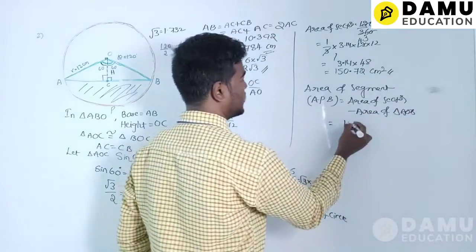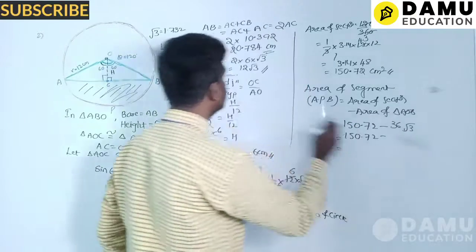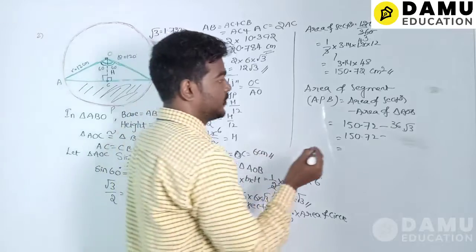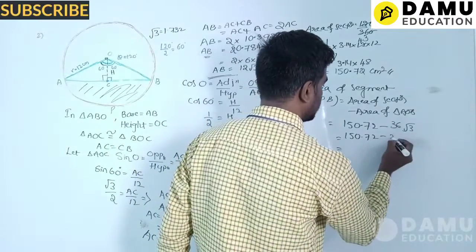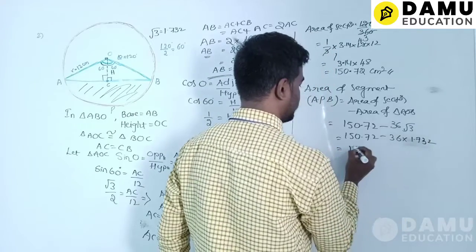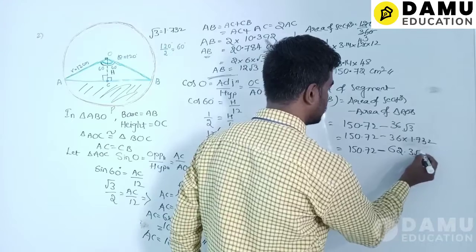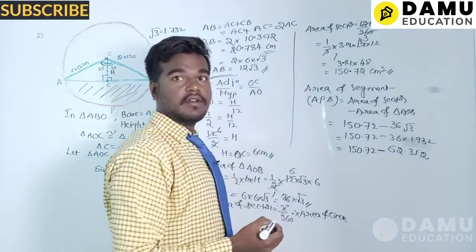So the area of the sector is 150.72 minus 36 root 3, that is 36 into 1.732, which is 62.352.